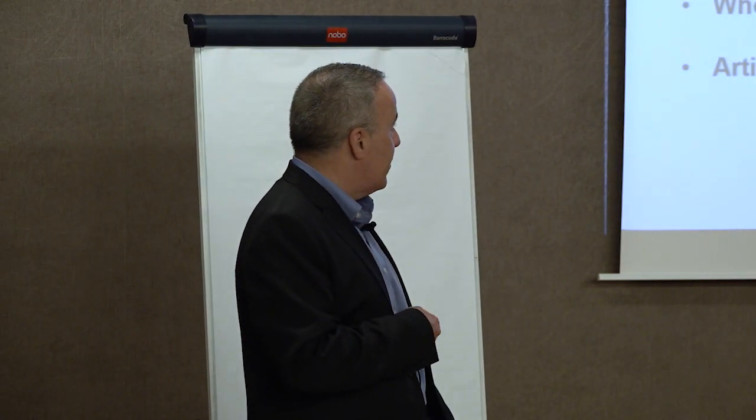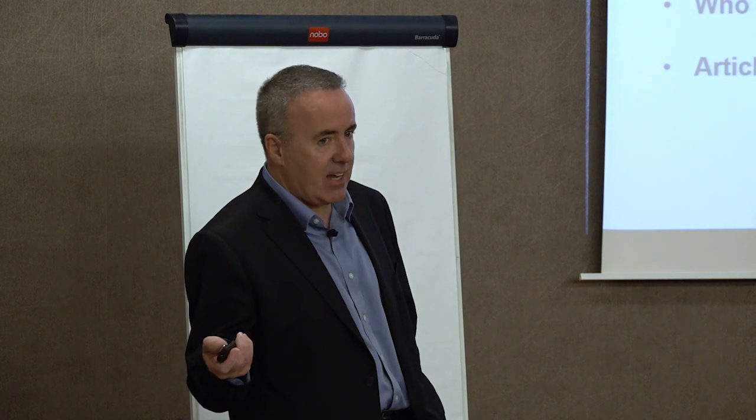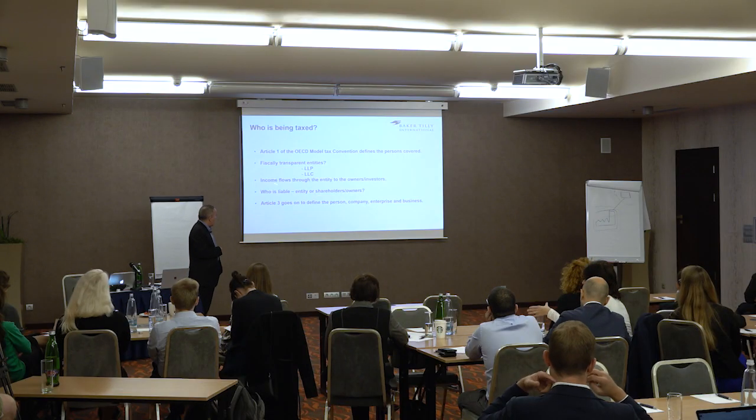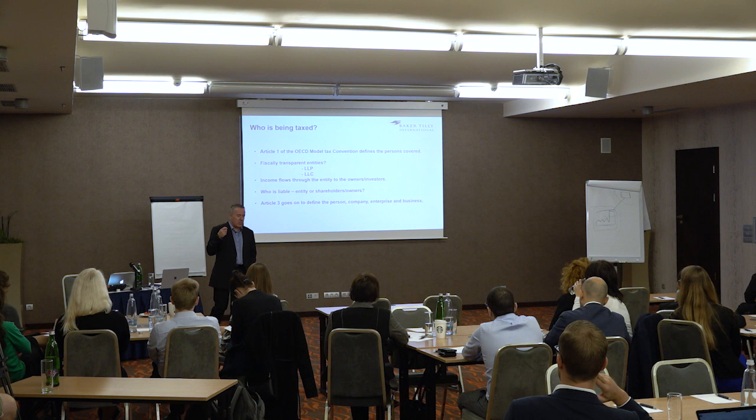Some will be transparent for tax purposes and they won't exist at all. So you won't have an entity that's being taxed in a particular jurisdiction. It will be the owner of that which is taxed, and the double tax treaty won't come into it at all. Or, to be accurate, the double tax treaty will come into it in a different way to the way you might be intending.